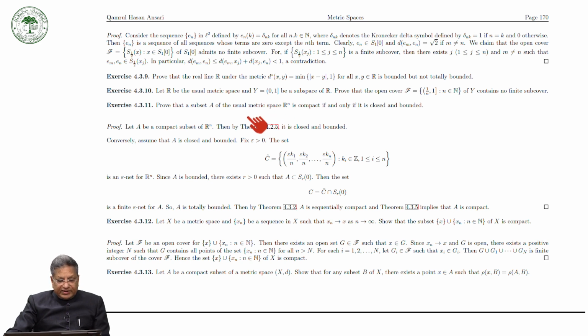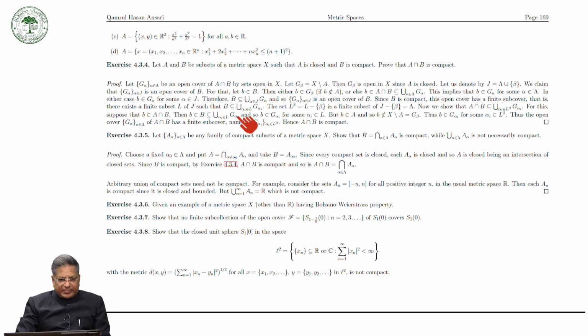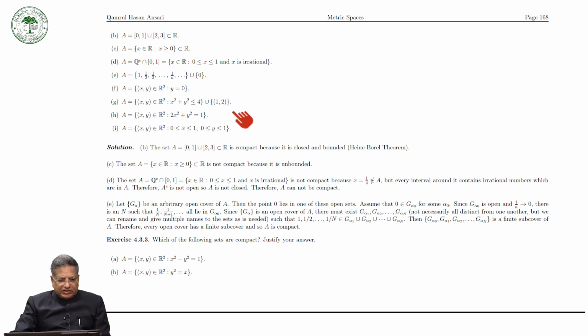Now finally, when we were looking at the first exercise, we were looking at closed and bounded subsets of R. So if these are closed and bounded subsets of R, we just need to show that the set A is a closed and bounded subset of R, then by the Bolzano-Weierstrass theorem they are compact.